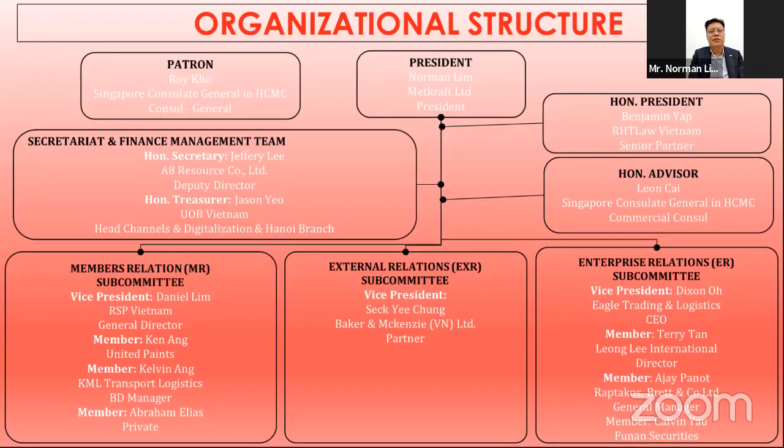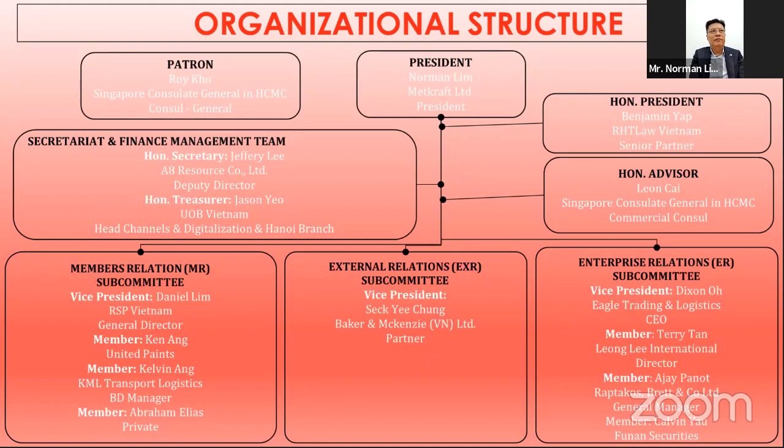Right, for the organizational structure, this is how we are being organized within SBG. Our current patron is our Consul General of the Singapore Consulate General in Ho Chi Minh City, His Excellency Mr. Roy Koh. And with us in the Secretariat Office, we have our honorary president, which is the past president, Benjamin Yap.